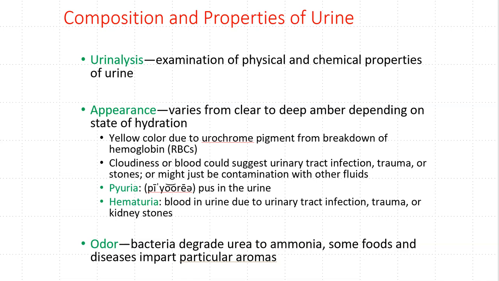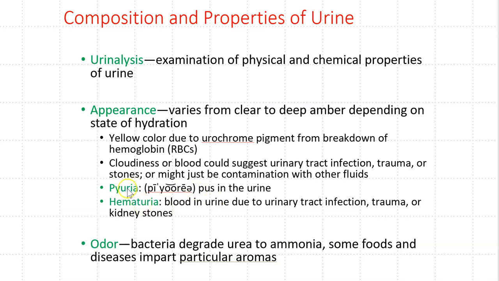Now, if the urine is really cloudy, it may suggest that you're extremely dehydrated, or it may suggest the presence of bacteria. So it could suggest a urinary tract infection or trauma or kidney stones, or just a contamination with other fluids. So if you don't think you have a UTI, the best way is to drink a lot of water, and in a little while urine starts to clear out as you get hydrated.